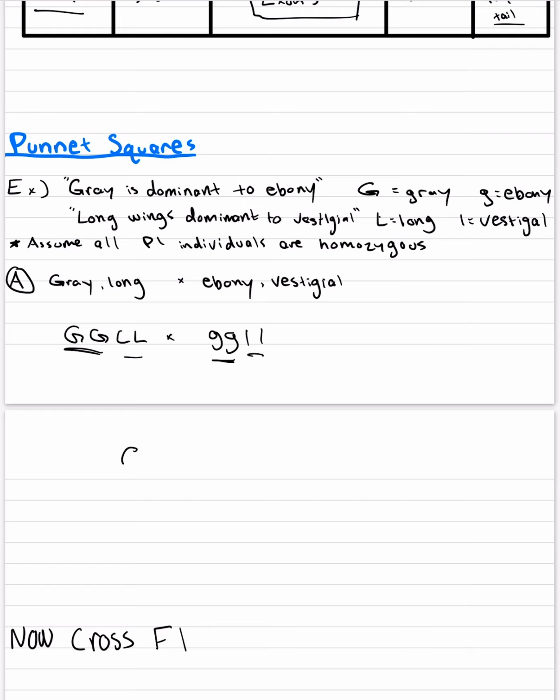For gene G, put either parent on top or the side, it's your choice. I'm going to put this first parent on the top and the second parent on the side. And we see that all of the offspring, or 4 out of 4 of them, are going to carry the genotype big G, little g.